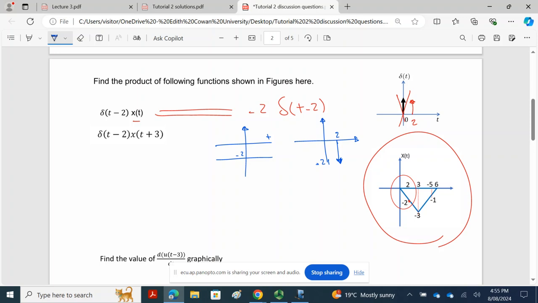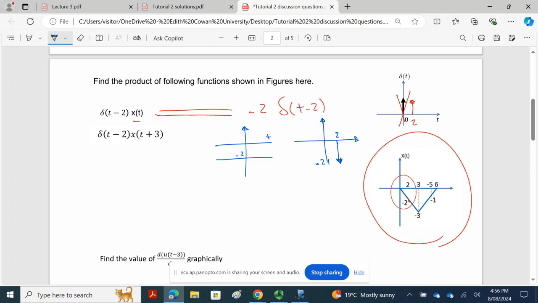That should be minus 1, yeah. So you will have minus 1 delta(t minus 2). That's correct.